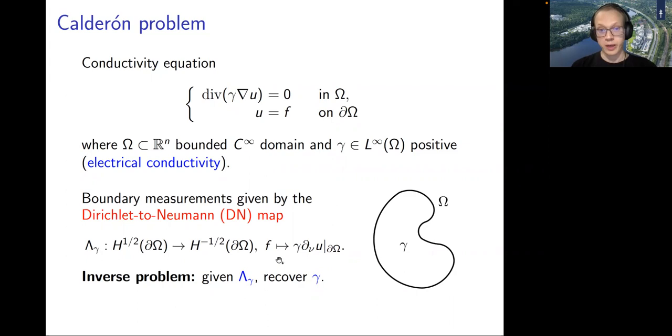So it basically maps the Dirichlet data to the Neumann data. And this corresponds to having infinitely many measurements. So you can put infinitely many voltages f on the boundary and measure the corresponding currents. And the inverse problem is, if you know these infinitely many measurements, you want to recover the conductivity gamma.